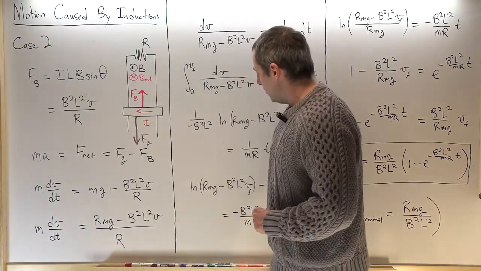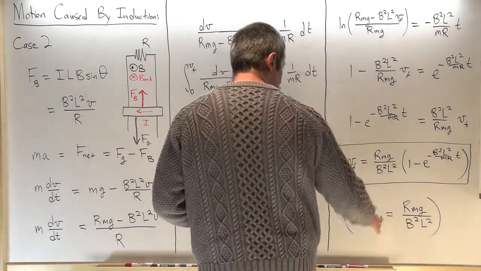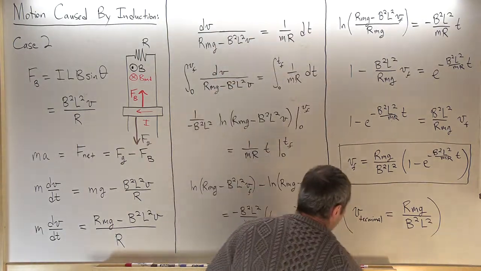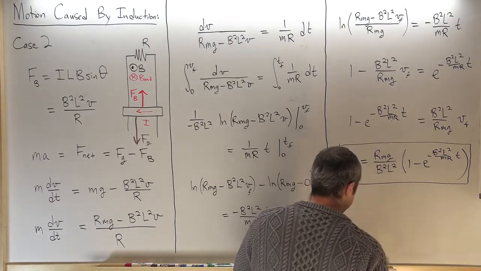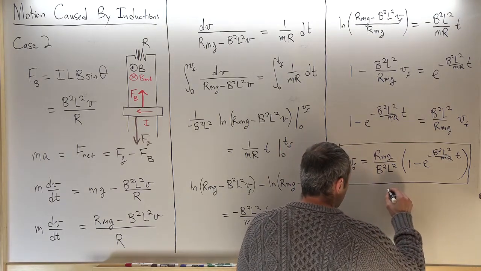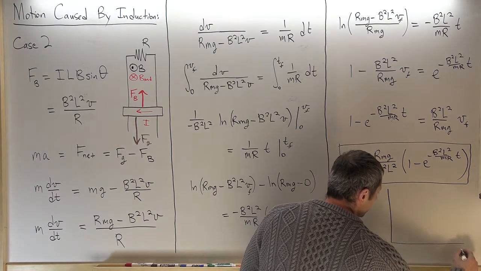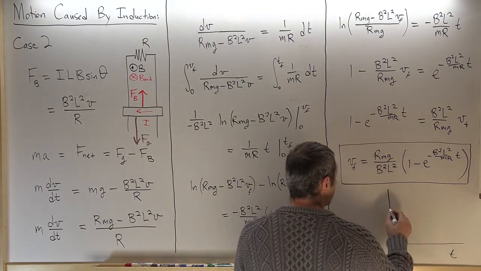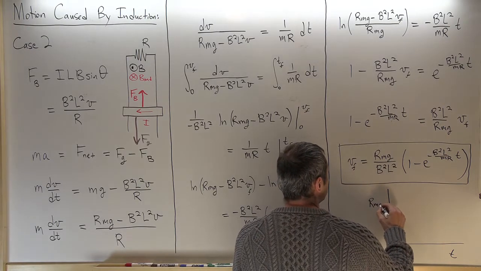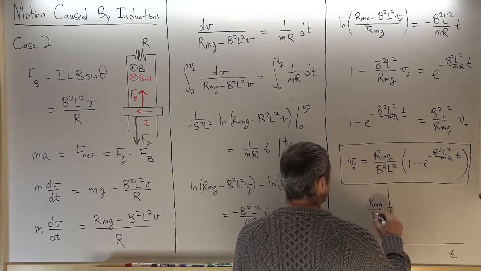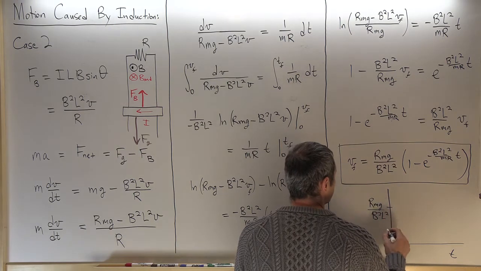Last thing that I want to do is graph this function. Maybe what I'll do is I'll just erase this here because I don't want to erase any of the solution. So I set up some axes, time like this, and then our function, our velocity approaches this term in the front as our terminal velocity.